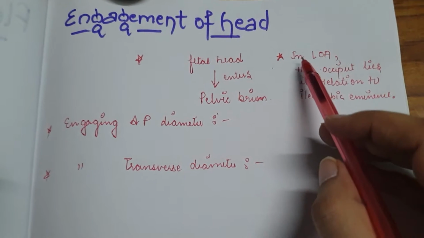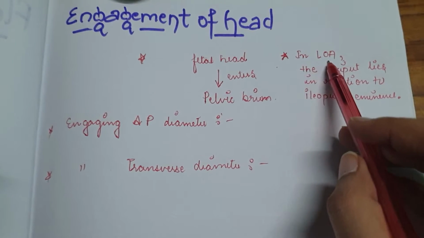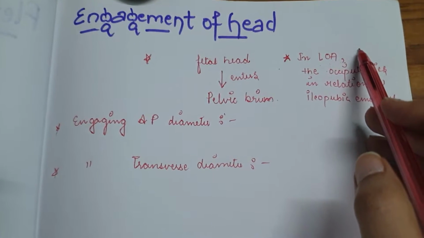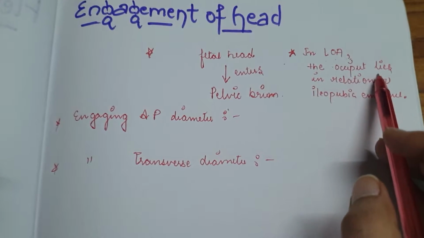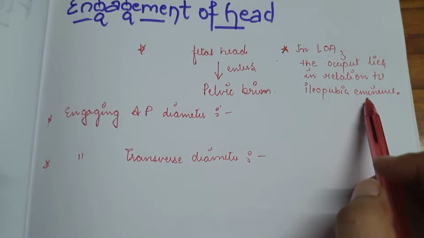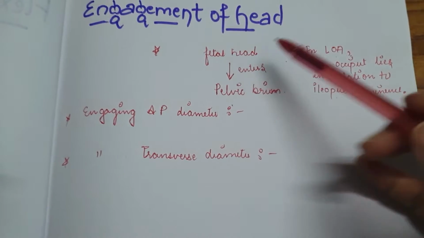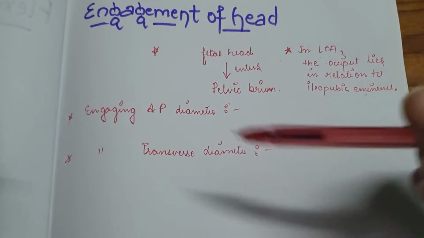Okay, so here I have written that point: in left occipito-anterior, which is the common one, or in case of right occipito-anterior, the occiput lies in relation to the iliopubic eminence or iliopectineal eminence. So you can write it in points in the examination.